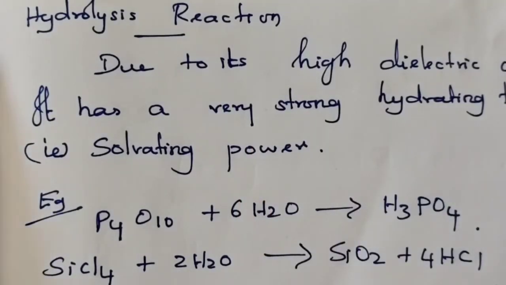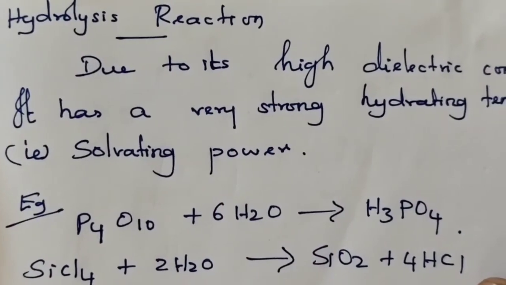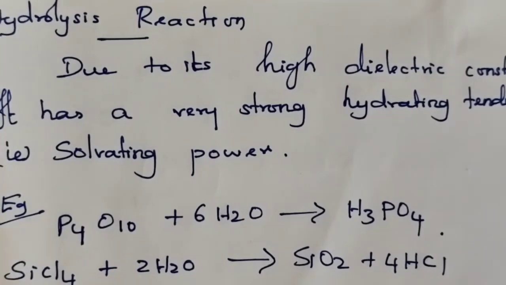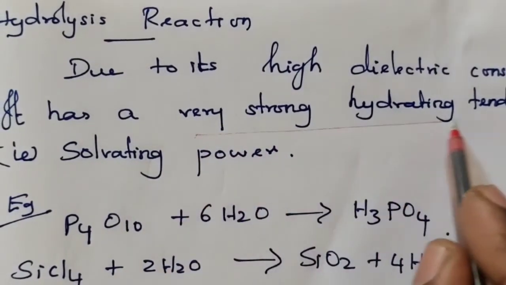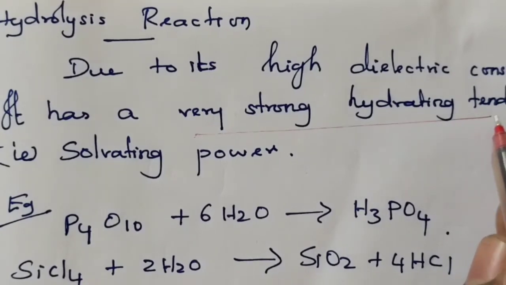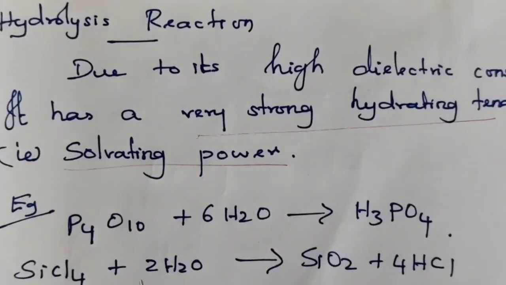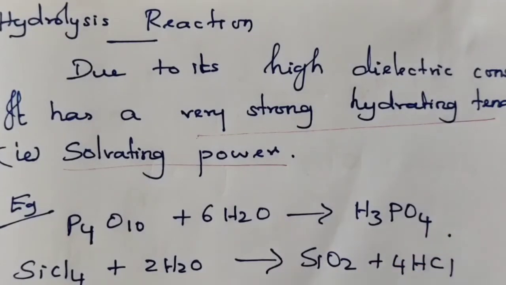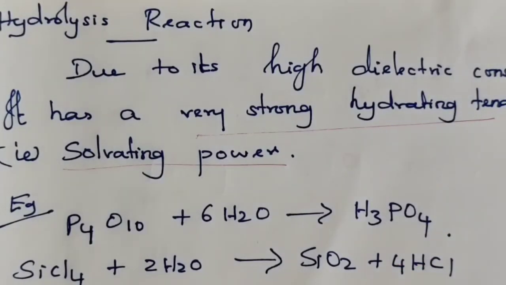Hydrolysis reaction: due to its high dielectric constant, water has a very strong hydrating tendency. Hydrating tendency means nothing but solvating power, which means it surrounds the molecules which get dissolved in it.